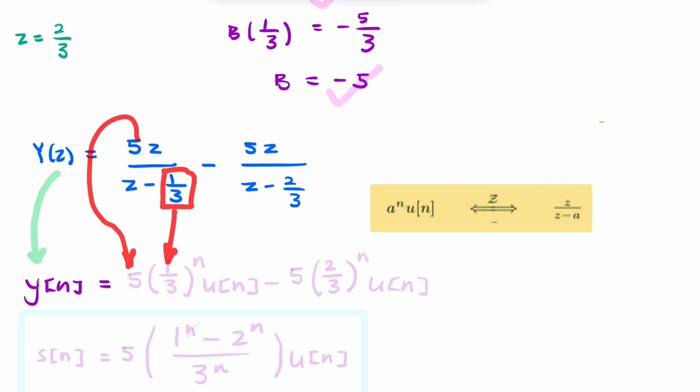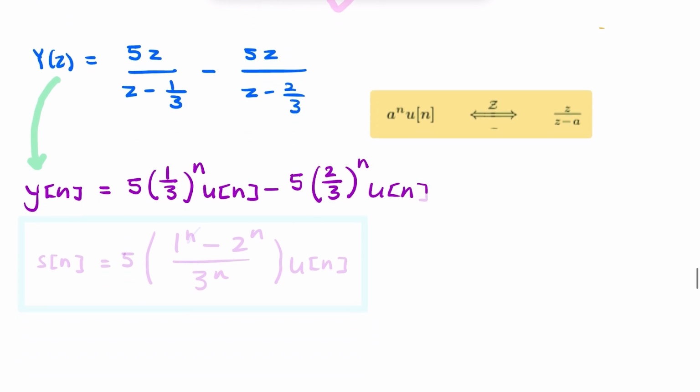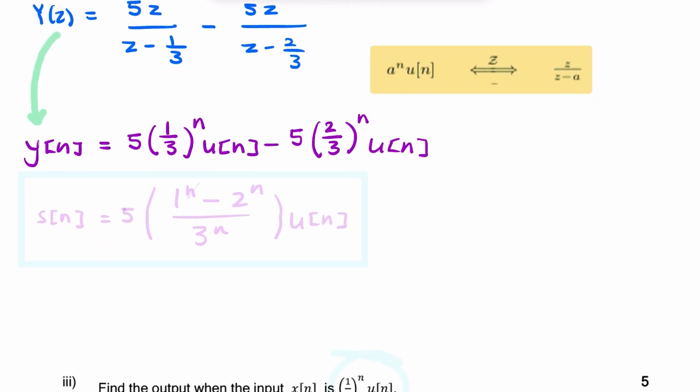So in this case, a is going to be 1/3. So it's 5 times 1/3 to the power n u of n minus 2/3 to the power n u of n. And that's your final answer, unless you want to tidy it up.